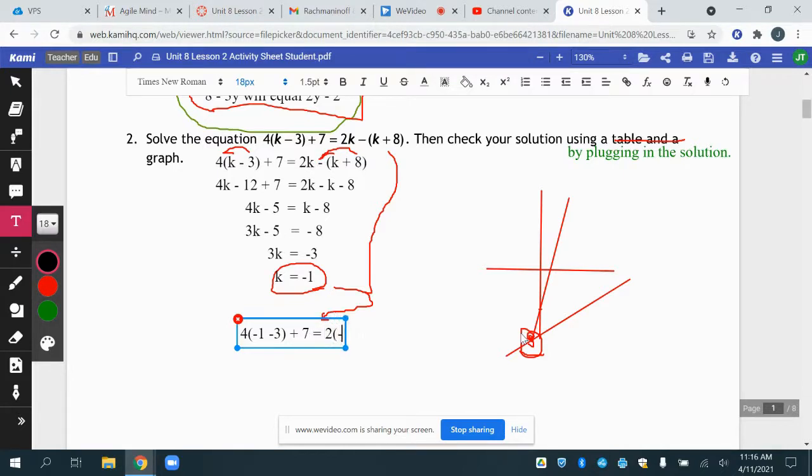2 times -1 minus 1 plus 8. Okay, that leaves me with 4 times -4. Times -1 is -2 minus 7, because 8 and -1 adds to make -7. Okay, we're almost there.